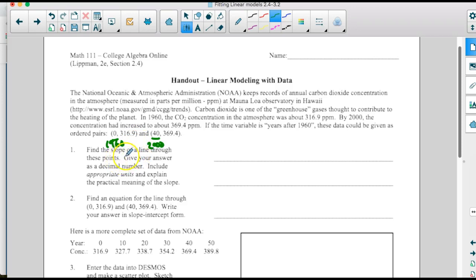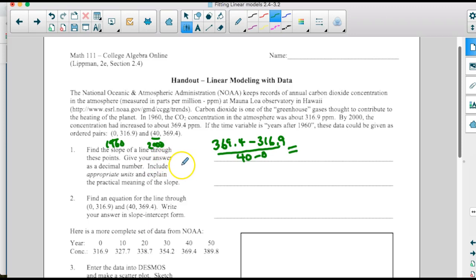Okay, so we're going to go through the process that we just did with the previous problem. We're going to find the slope. All right, so that's going to be 369.4 minus 316.9 over 40 minus 0. Now it says here we're going to want to write this in a decimal.